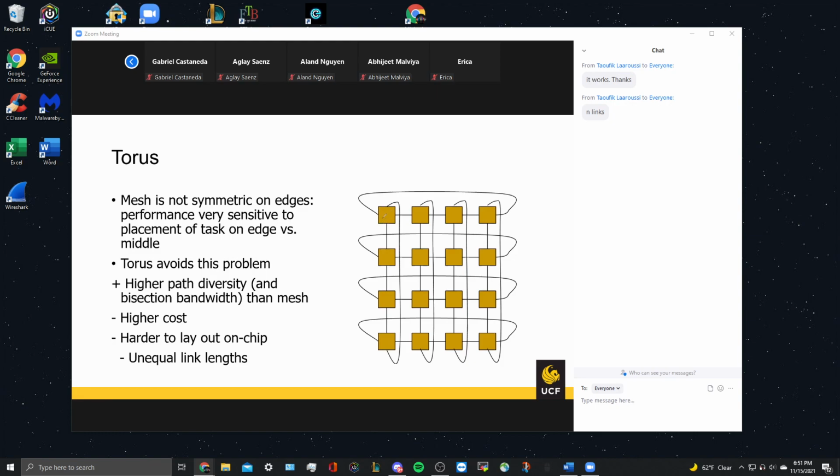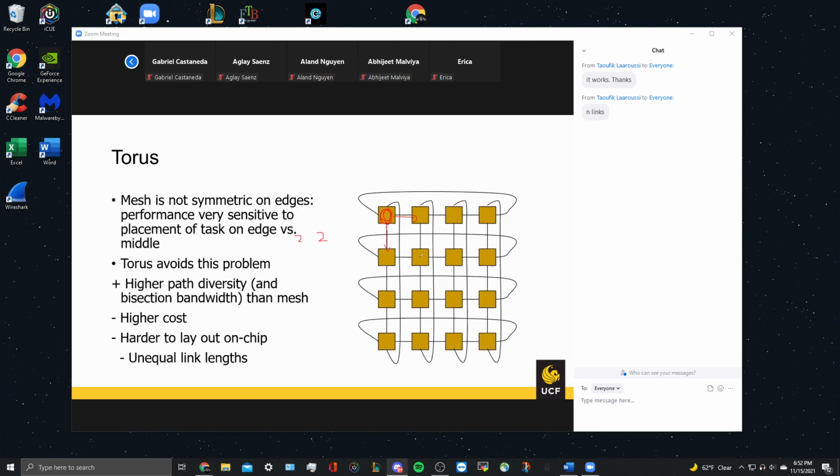So for a torus, the difference is the switch. This switch will connect to multiple directions, because in the mesh, usually the edge nodes only connect to here and here. So for this node, how many? We have 2 inputs, 2 outputs.